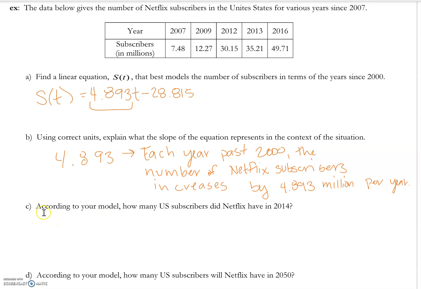Part C, now I answer the question, according to your model, how many US subscribers did Netflix have in 2014? This is a year, and it is 14 years since 2000, so I'll plug in the number 14.